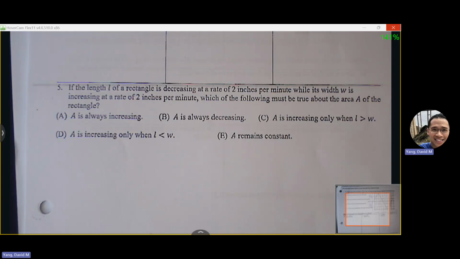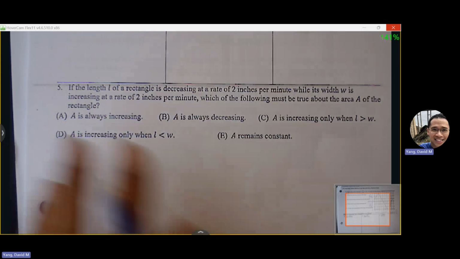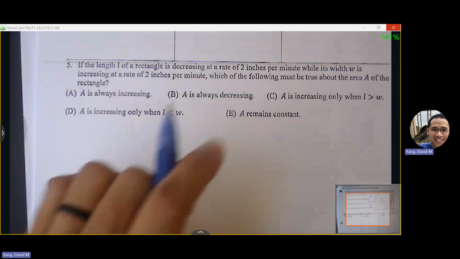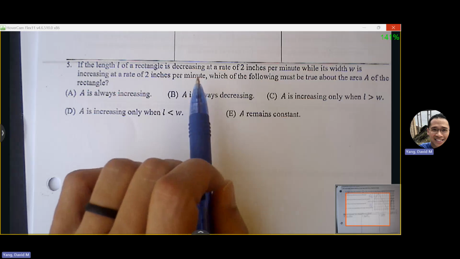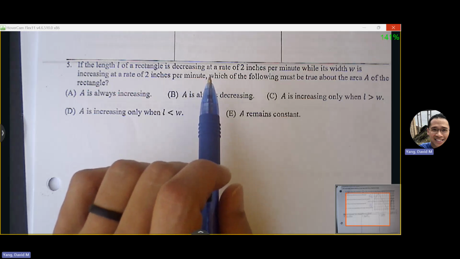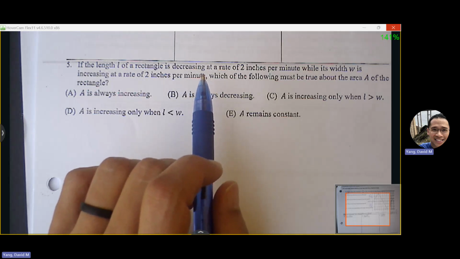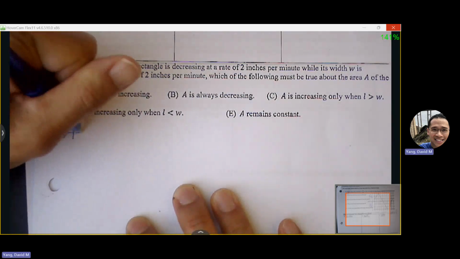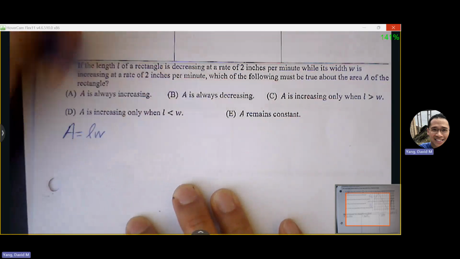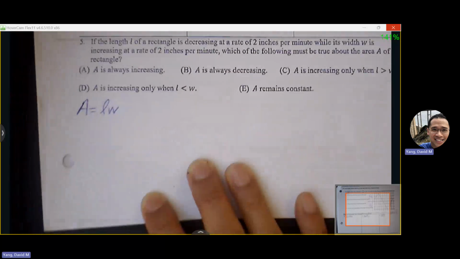So we know the length is changing and the width is changing as time is passing. Anytime we see something in relation to time, we always want to consider that this may be a related rates problem. So we start off with the area formula for a rectangle, which is length times width.